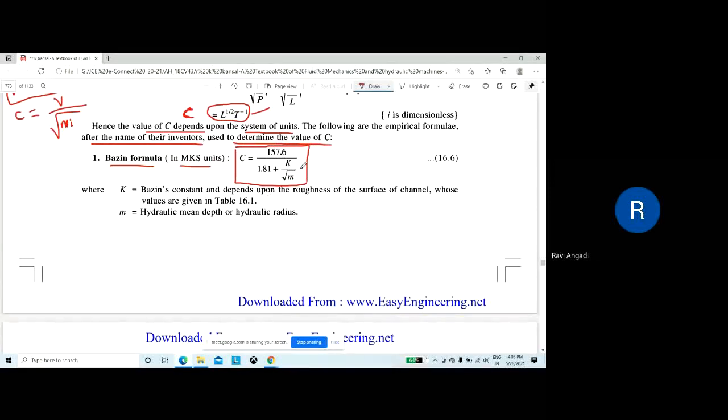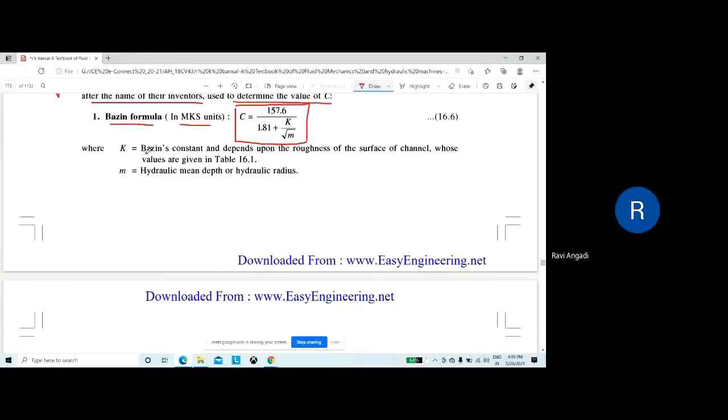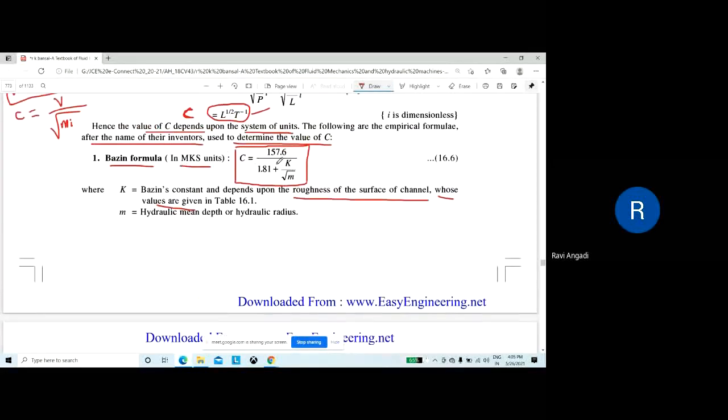In this, K is called Bazin's constant, and it depends upon the roughness of the surface of the channel, whose values are given in the following table. We will see what the values of K are for different surfaces. Remember, since Bazin invented this formula, K is called Bazin's constant, depending upon the roughness of the surface of the channel.